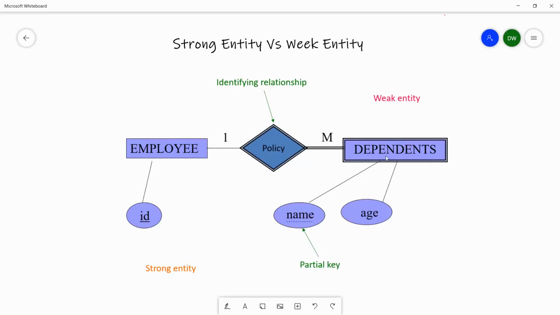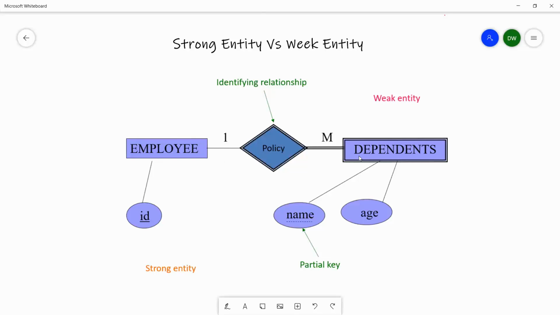So when one becomes a weak entity, the other will become a strong entity, right? Usually we call this an entity. So when we compare it with weak entities, this is a strong entity. So here we have one strong entity which is named employee, and the weak entity is dependent. So what we mean by the weak entity is that a weak entity cannot exist by itself.